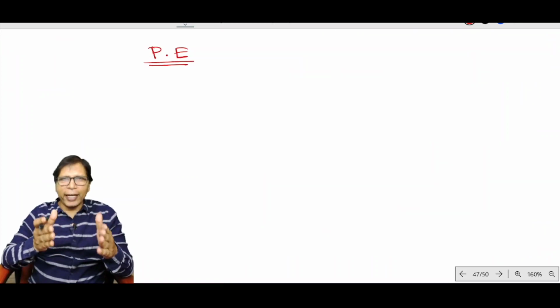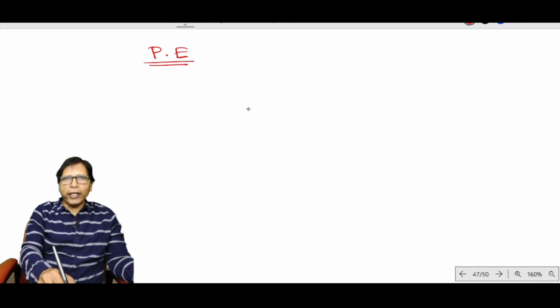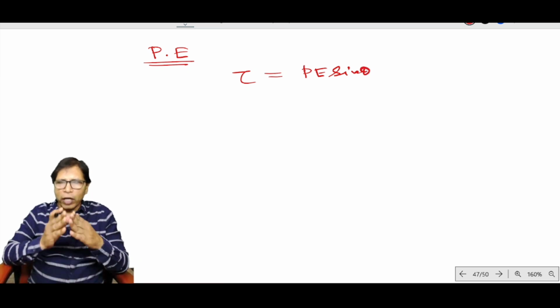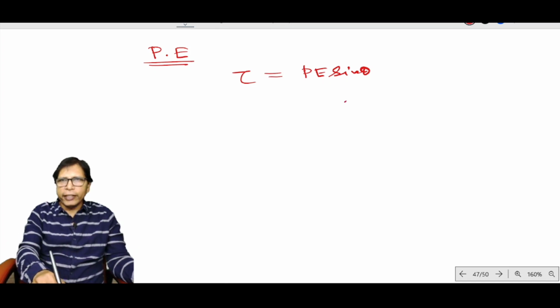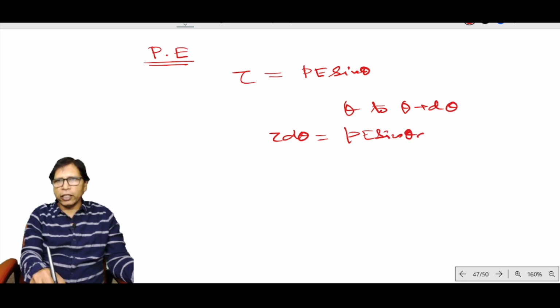Now, potential energy of a dipole in a uniform electric field. The torque experienced by a dipole when it makes an angle theta with the electric field is P E sin theta. The work done to turn the dipole from theta to theta plus d theta equals tau into d theta, that is P E sin theta d theta.